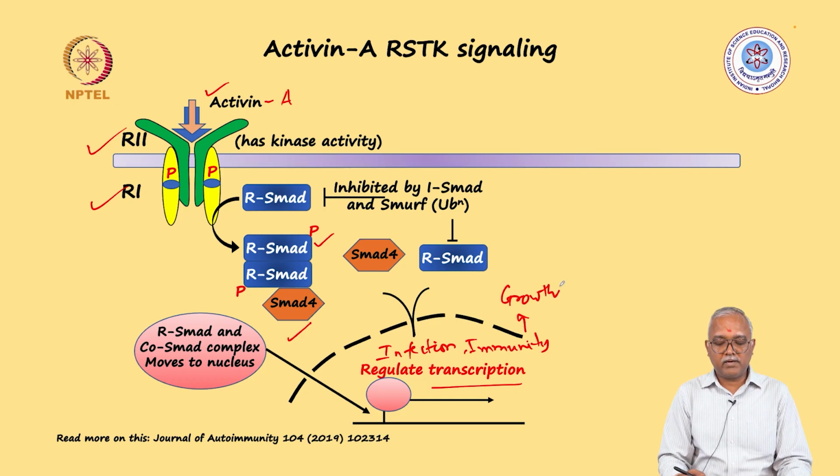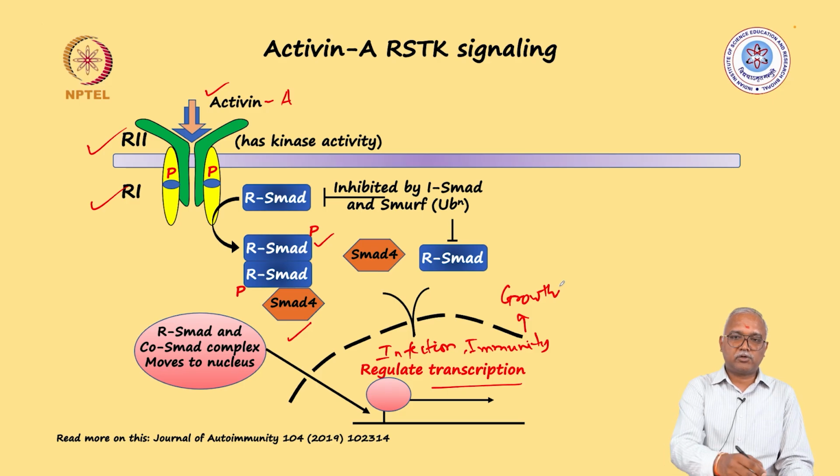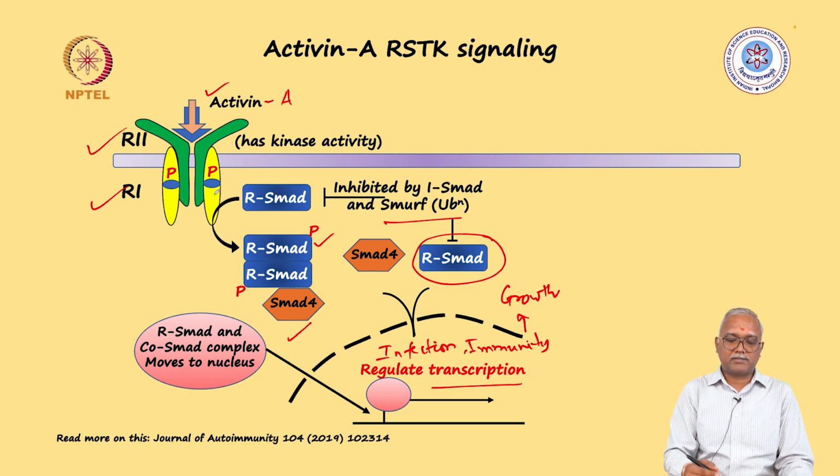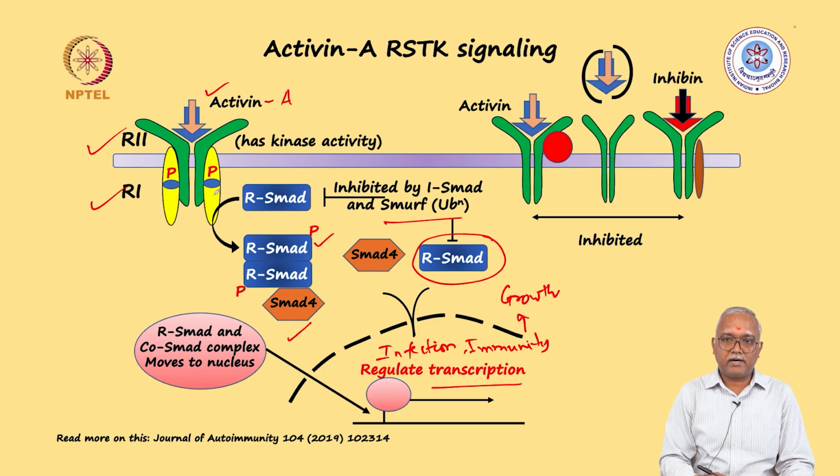And as we have seen, the activation of this pathway can be regulated by degradation of R-SMAD using the ubiquitination pathway or inhibition of R-SMAD from binding to the receptor and thus activating the pathway. But there is interesting regulation at the activin level itself, where the activin can be regulated from its binding to the receptor in multiple different ways.